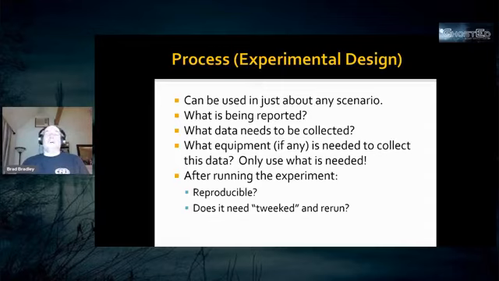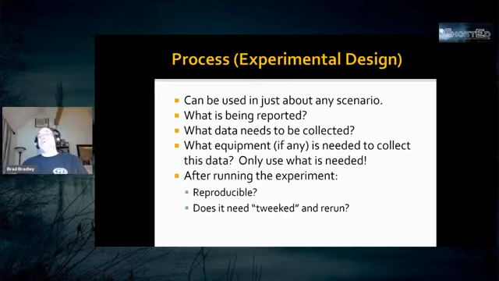And if it's audible, you collect the data via an audio recorder of some type. If it's just a bad feeling, you don't need any equipment to go in and measure for a bad feeling. You can go in and see if you are able to experience that same feeling, that kind of thing. So look at what data needs to be collected.